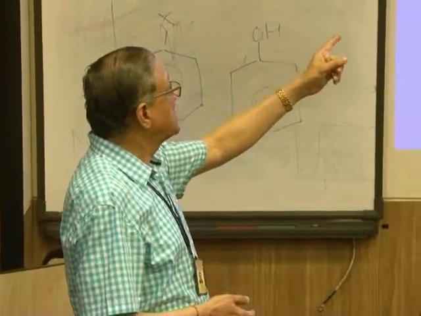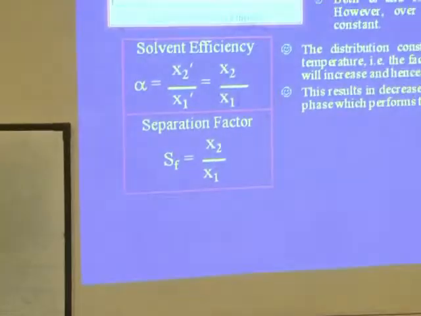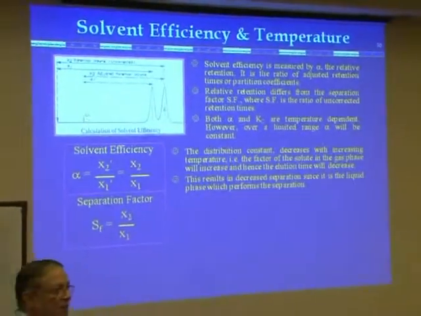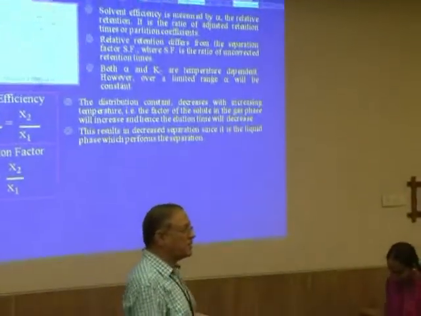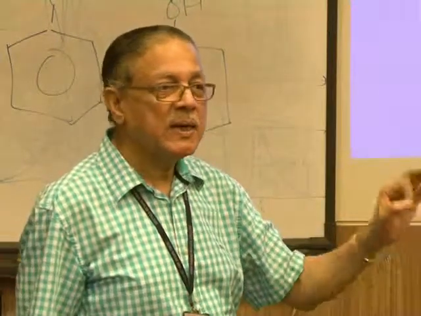The fourth statement: the distribution constant decreases with increasing temperature. Why? Because as the temperature increases, solutes move from the stationary phase into the gaseous phase. So the concentration in the gaseous phase increases and that in the stationary liquid phase decreases, and therefore the solutes move faster and their retention times are reduced in gas chromatography with increase in temperature.